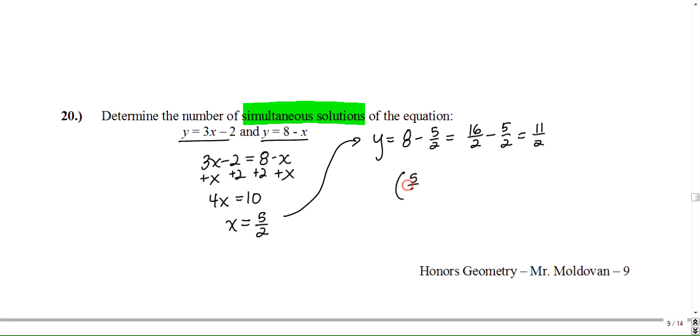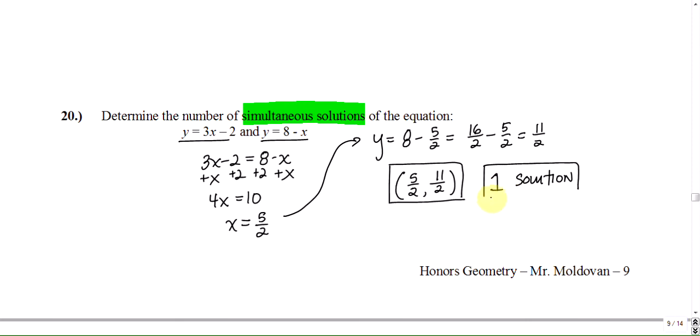Because in a problem like this, even though it doesn't ask me in this particular problem to find where this solution is, I would also ask you to do this. So that's where the solution is, and it asked originally what is the number of simultaneous solutions. It's 1. So two lines can cross at one point, at 0 points if they're parallel, or at infinitely many points if they're overlapping. Okay, I skipped a couple.